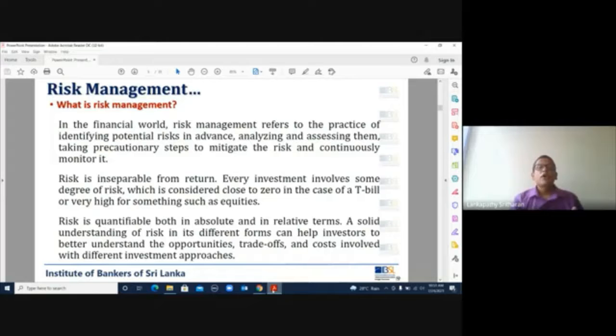So identifying the potential risk in advance, then analyzing, in the sense of, if these scenarios happen, what would be the losses? Then analyzing and assessing them and taking precautionary steps. We will discuss what precautionary steps can be taken to mitigate the risk, and continuously monitor it, because risk management is not a one-step process.